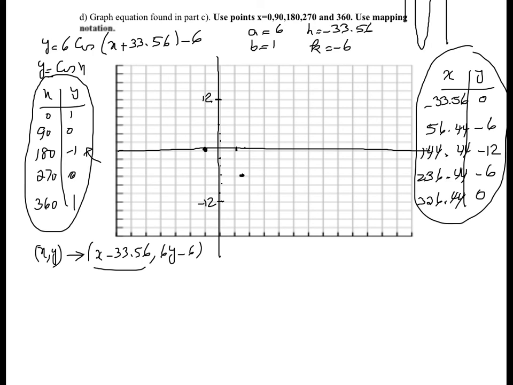Then 144.44 is going to be about 4.3 boxes to the right, so 1, 2, 3, 4, 4.3, and then it's going to be negative 12, so it's going to be around here. And then we have 236.44, which is going to be about 7 boxes to the right, 1, 2, 3, 4, 5, 6, 7, and it's going to be negative 6. 2, 4, 6, so negative 6 is about here.